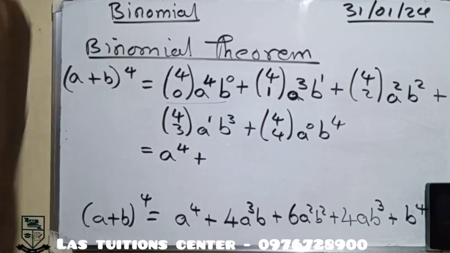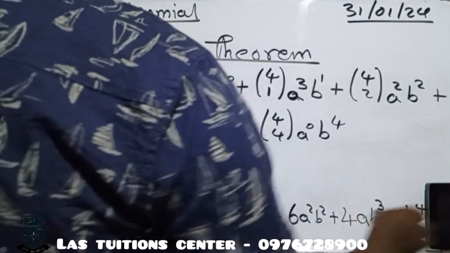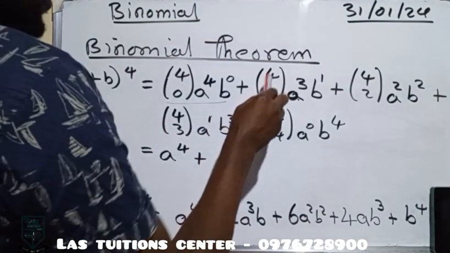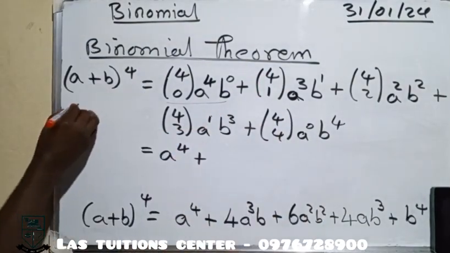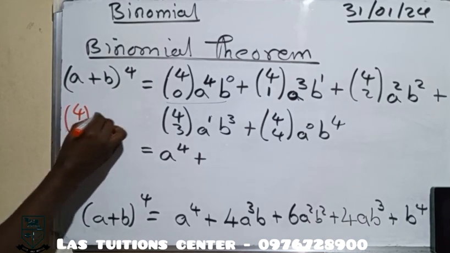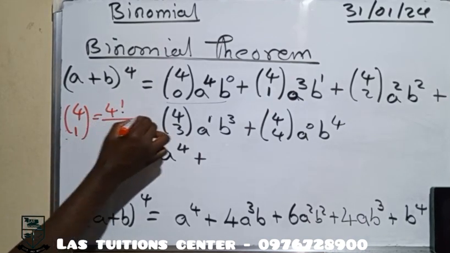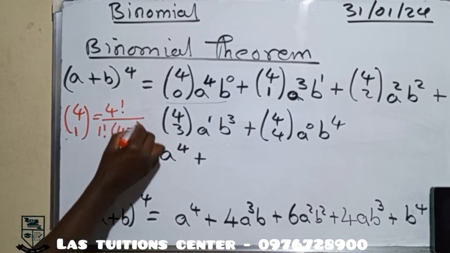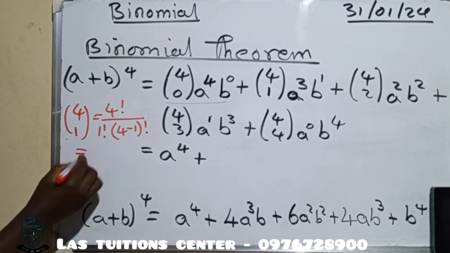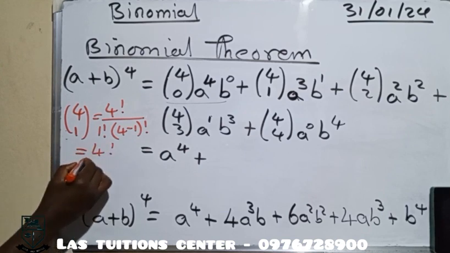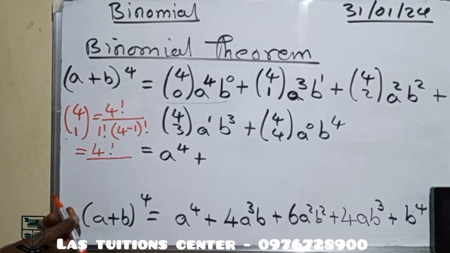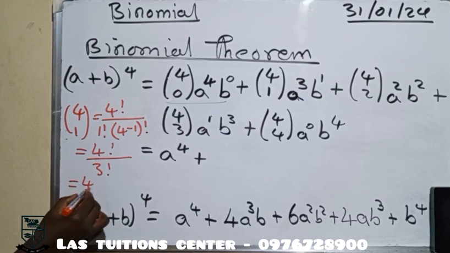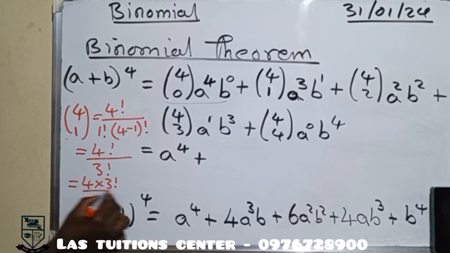Plus, now, let's try this one. 4 choose 1. This is going to be 4 factorial over 1 factorial times 4 minus 1 factorial, which is 4 factorial over 1 times 3 factorial. This is going to be 4 times 3 factorial over 3 factorial.